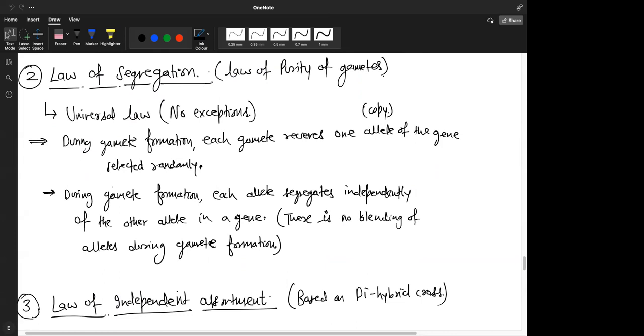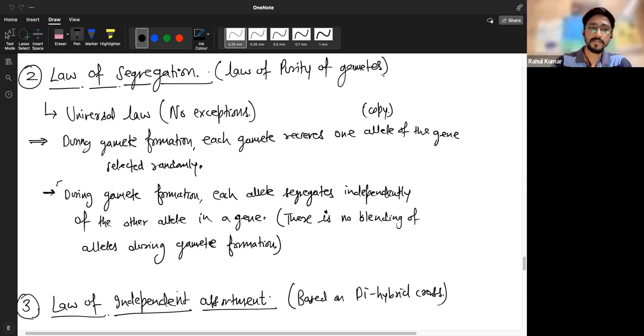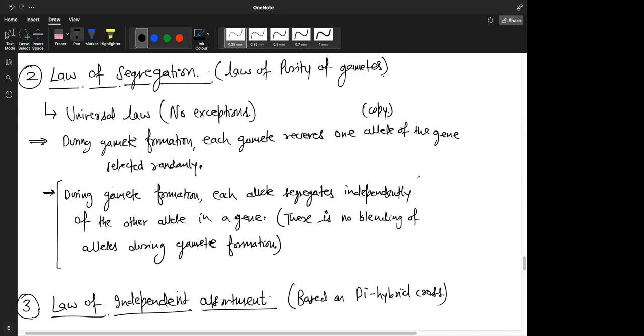It is a universal law, and it has no exceptions. In simple words, during gamete formation, each allele separates independently of the other allele in a gene. There is no blending of alleles during gamete formation.